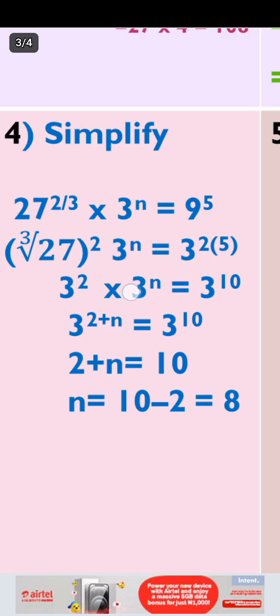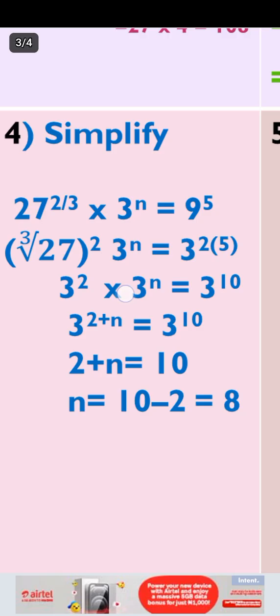Now 27 raised to the power 2/3 becomes the third root of 27 raised to the power 2. The law of fractional indices: the denominator assumes the root, while the numerator becomes the power to which the base is raised. Now times 3 to the n is equal to what?